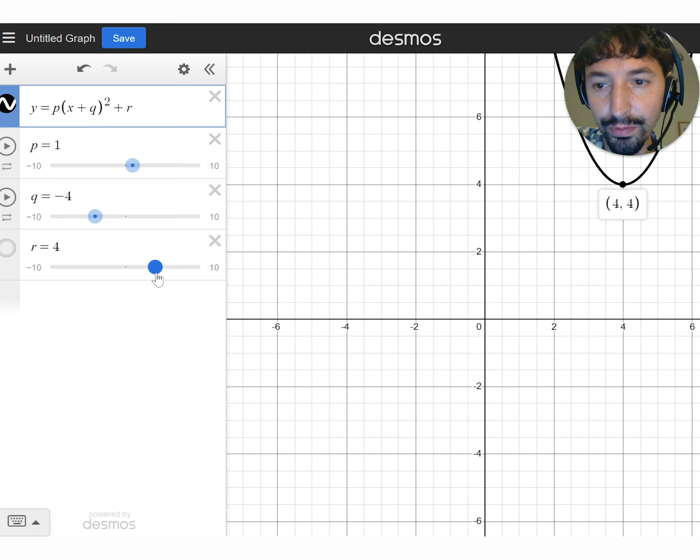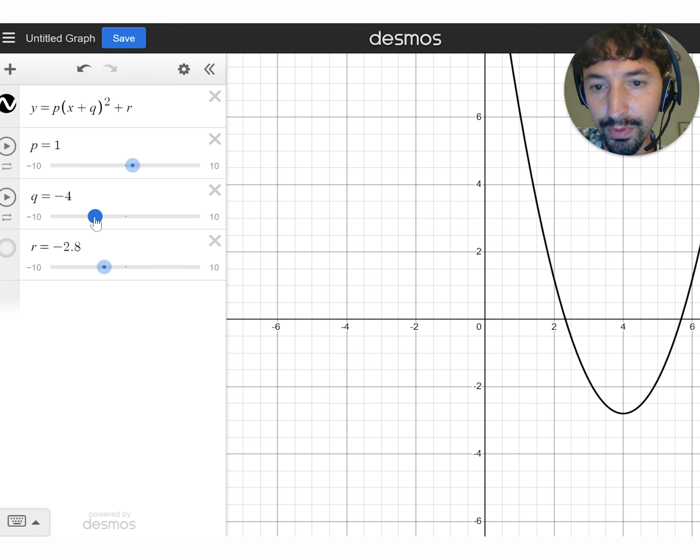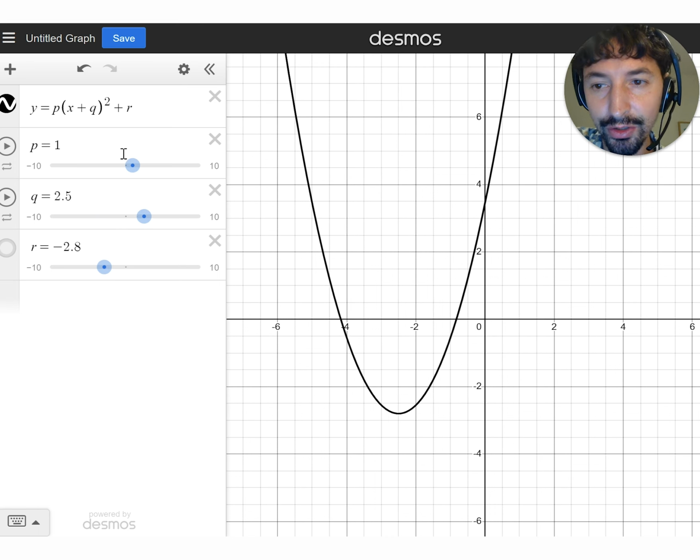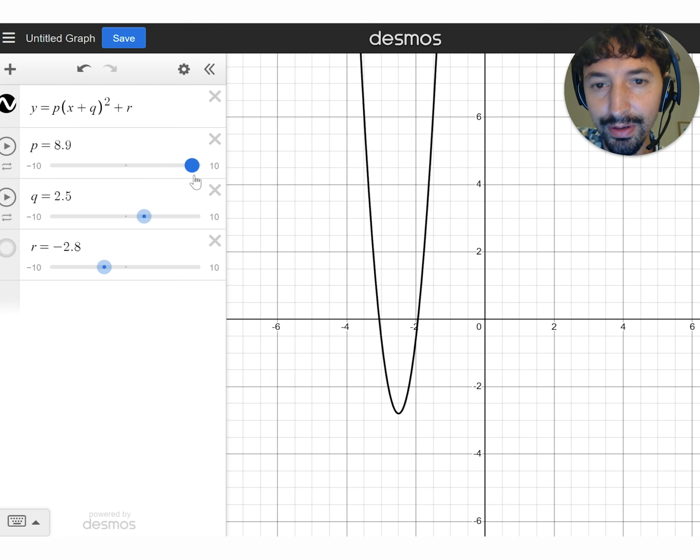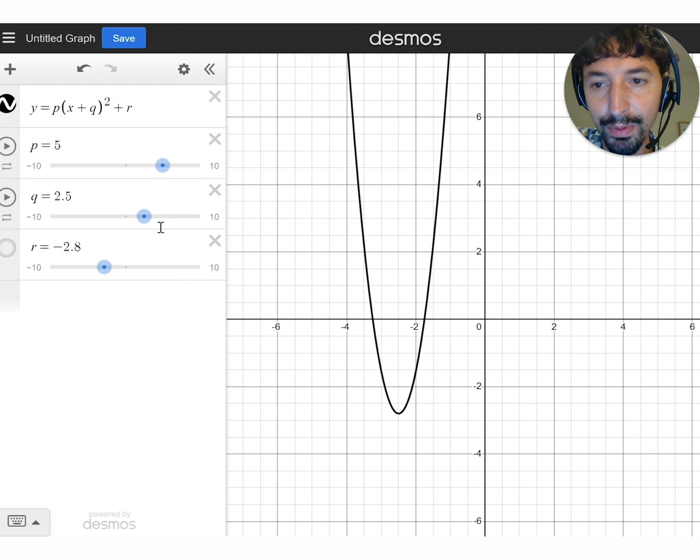And the p-value just affects how steep the curve is. If I make p larger, it's getting steeper, but it's not affecting the minimum point. So the minimum point stays the same.